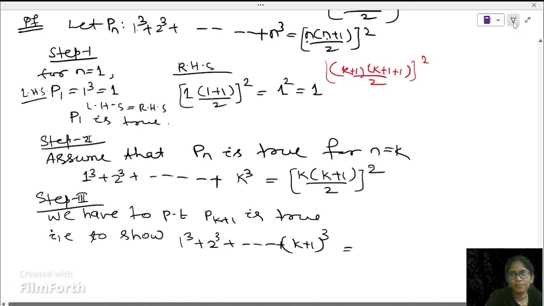That means k plus 1 into k plus 2 divided by 2 its whole square.